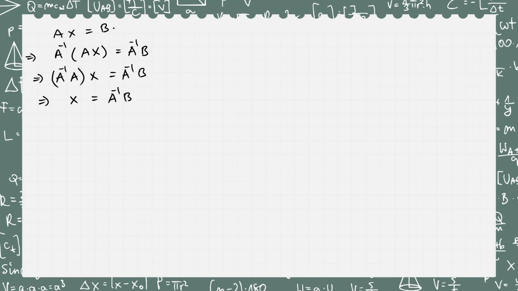So x equal to A inverse times B. So if we find A inverse, B we already have. We can multiply both of them. That is our required answer. So we need to find out A inverse, for which we need to find out the adjoint matrix of A first, because A inverse will be 1 by determinant of A into adjoint matrix of A, right? So we need to find out adjoint matrix of A first.